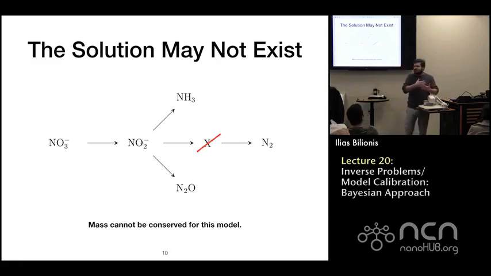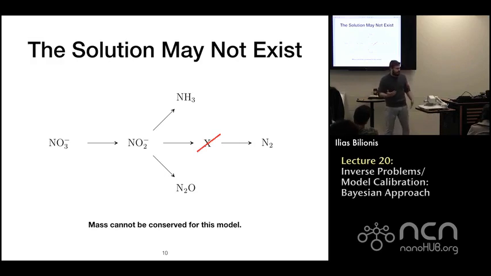Then there's no way we can conserve mass with this dynamical system. So no matter how well we try to calibrate our model, it's not going to really capture what's going on. It's going to be very wrong, right? There's not really a right model in this case. Basically, the solution may not even exist.